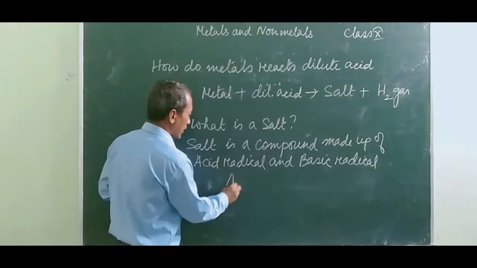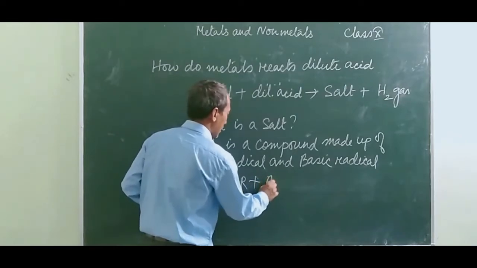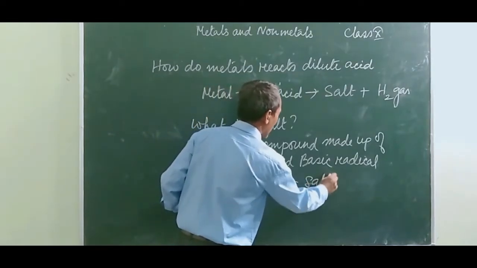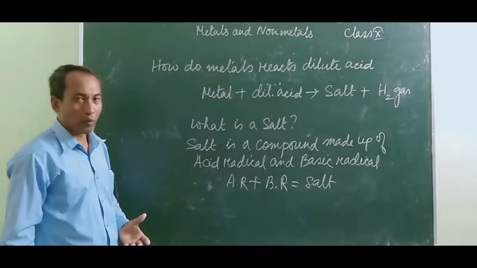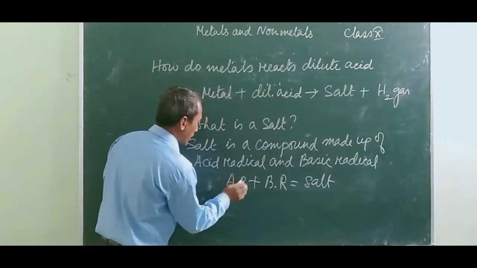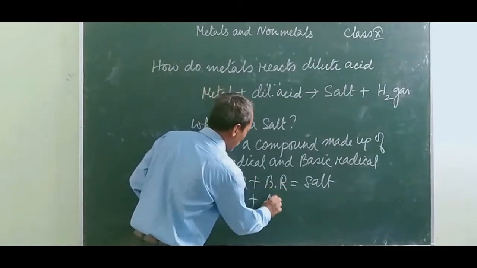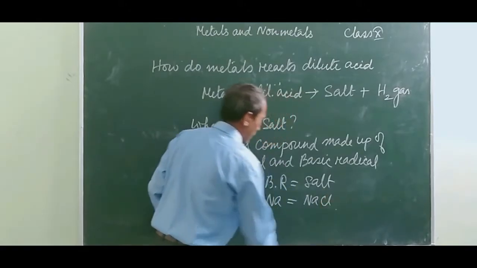I'll say acid radical as Ar and basic radical as Br equals salt. Basic radical and acid radical form a salt. For example, acid radical is chlorine, basic radical is sodium, so it is sodium chloride.